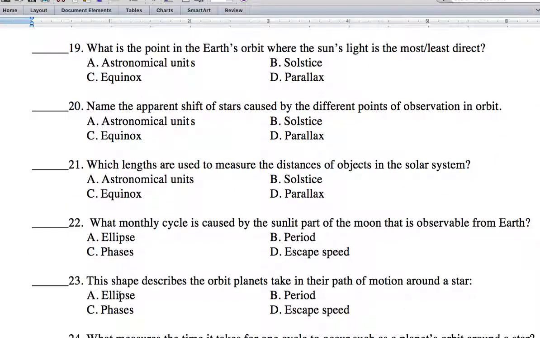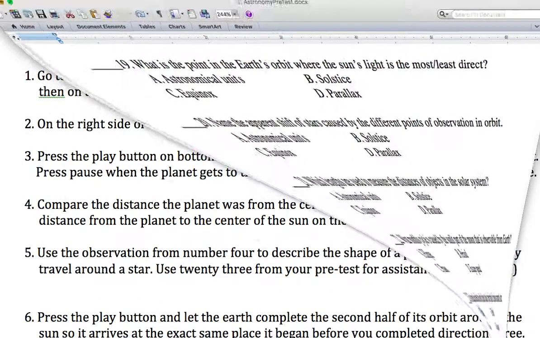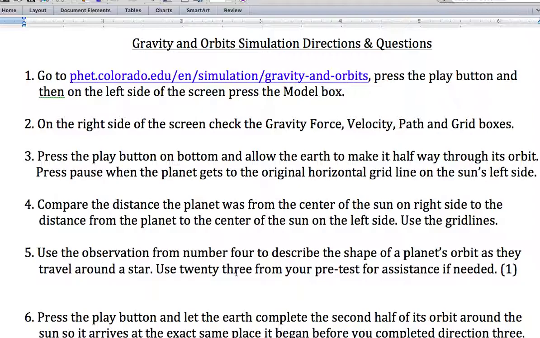So the shape that describes the orbit a planet takes in its path of motion around a star is an ellipse. So the way that you want to word your answer here is that you could say the shape that a planet traces out as it orbits around a star is an ellipse.